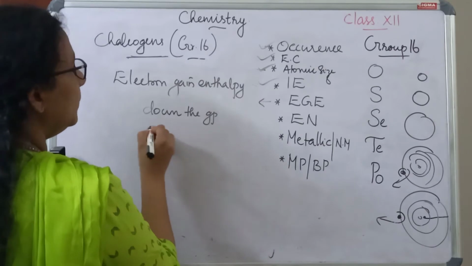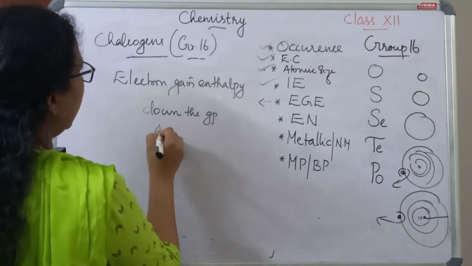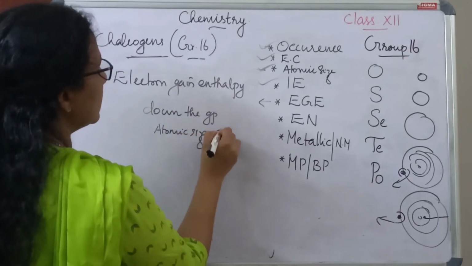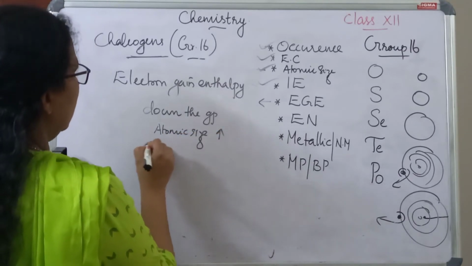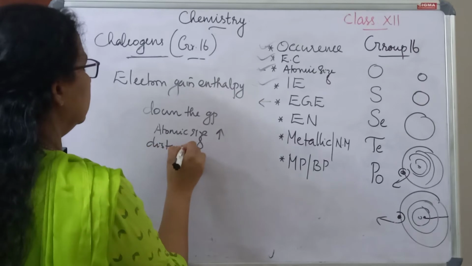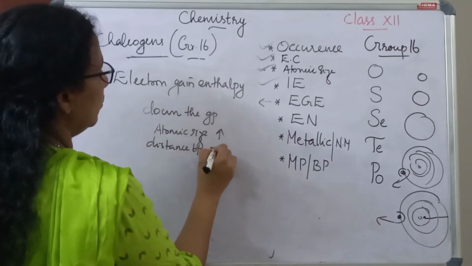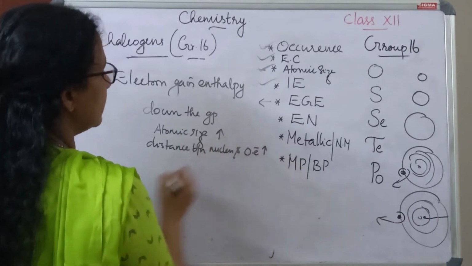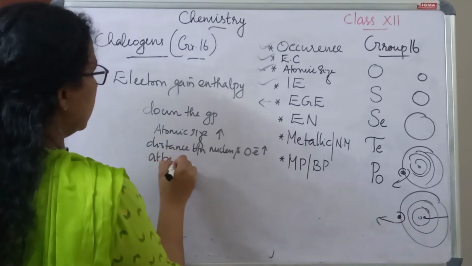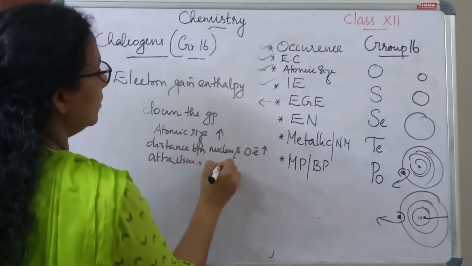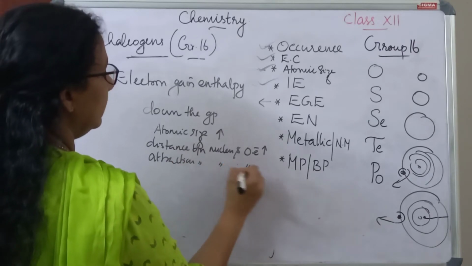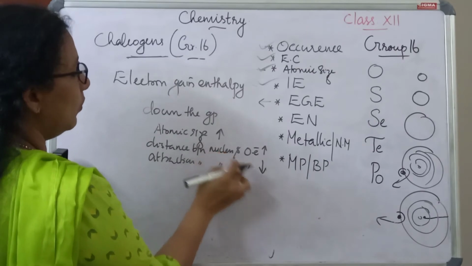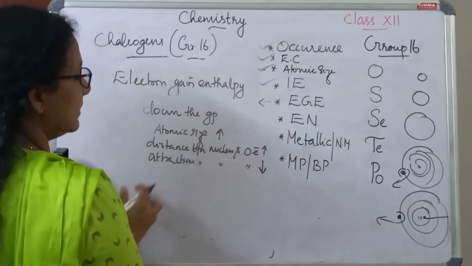Again we can write the reasons: atomic size increases, and the distance between the nucleus and the outer electron increases. So the attraction between the nucleus and the outer electron decreases. If the distance is more, the attraction becomes less.